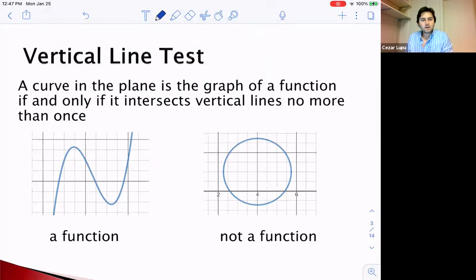A curve in the plane, and I will explain these two pictures below immediately, is the graph of a function if and only if, this is important, it goes both ways, it intersects vertical lines no more than once. So once again, a curve in the plane is the graph of a function if and only if it intersects vertical lines no more than once.